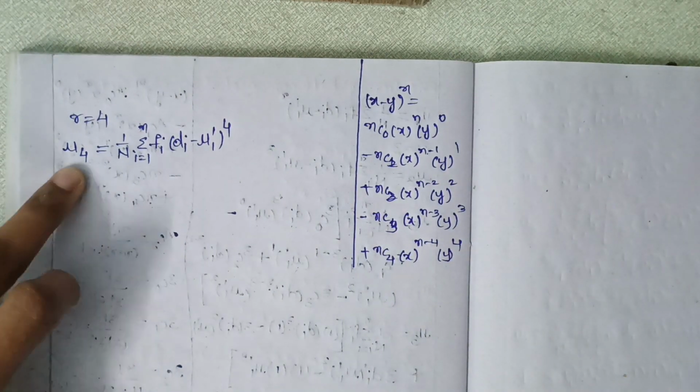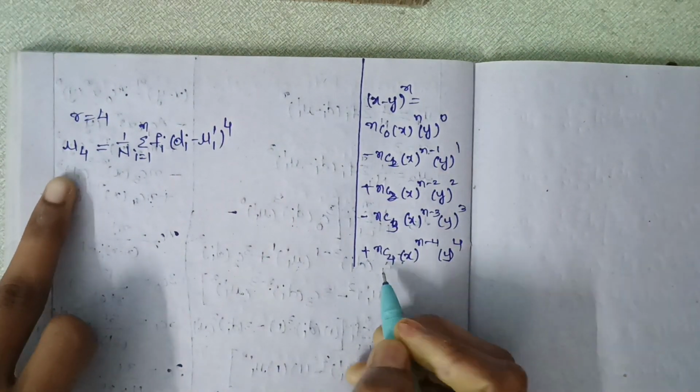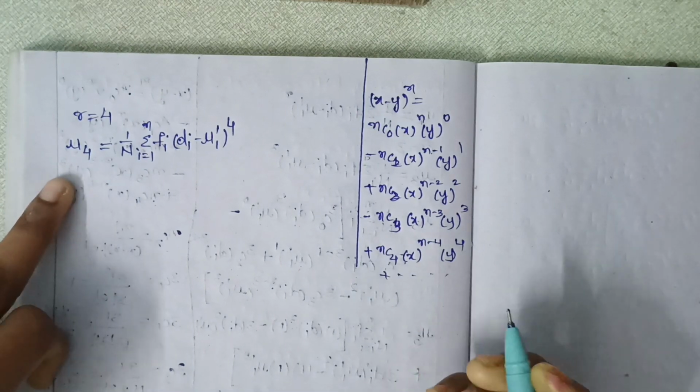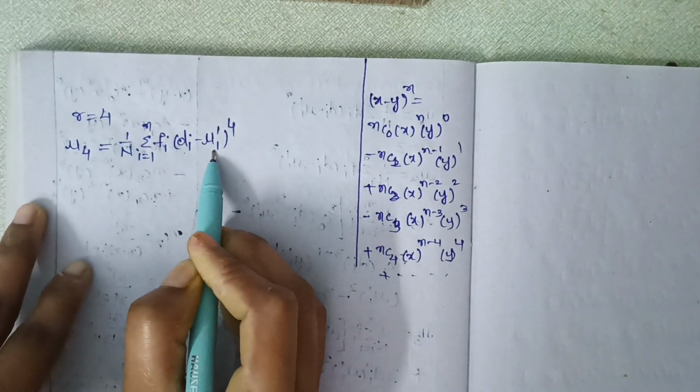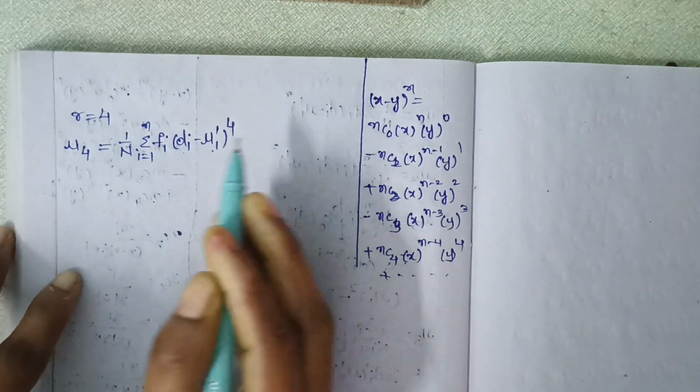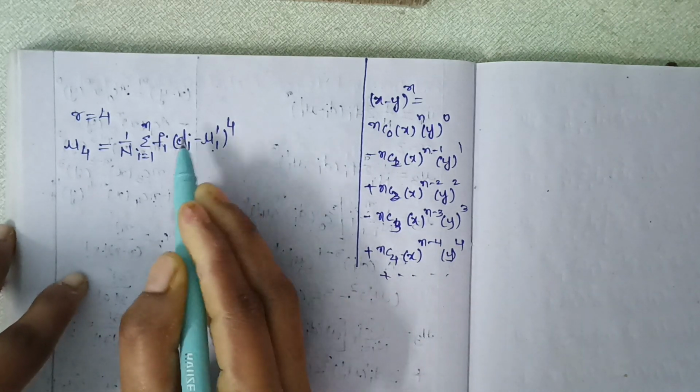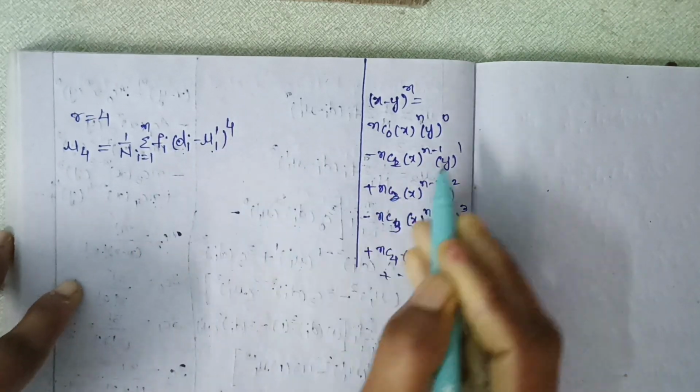Here we have up to 4 only, so I have written the formula up to 4. So here x is di, y is μ1' and n is 4. Just simply substitute these x, y and n in this formula.